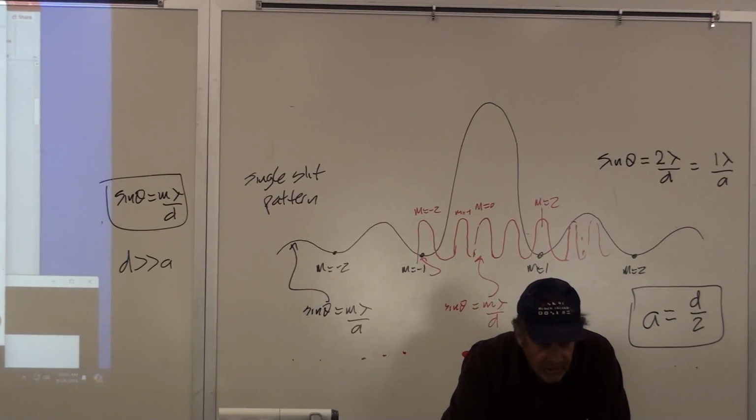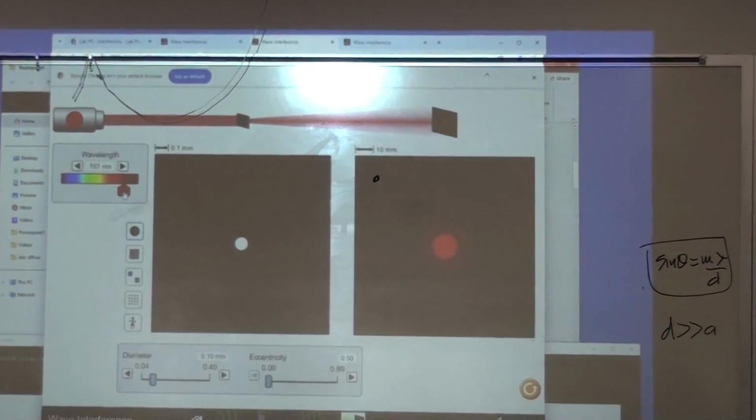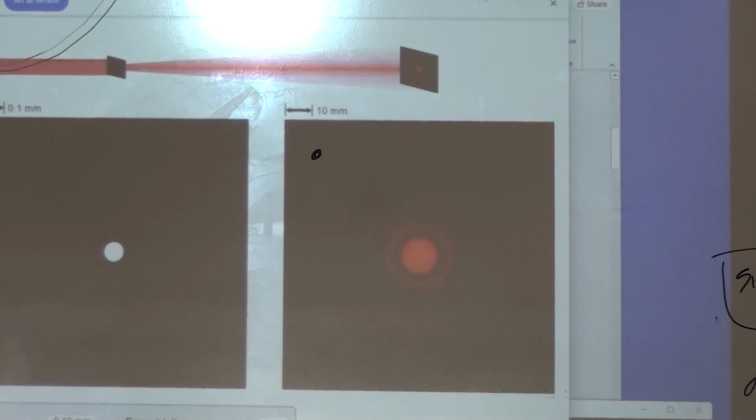So if we change the light, notice here if we go to higher wavelength light like red, notice that it gets bigger. The pattern is getting bigger because this goes like m lambda over d type of thing. Right? So lambda gets bigger, that means that the angles get bigger. And so the thing gets larger. And so this is the single slit diffraction pattern through a circular aperture for red light.